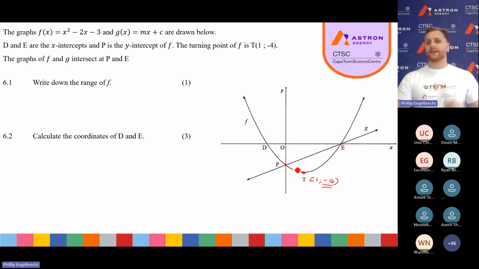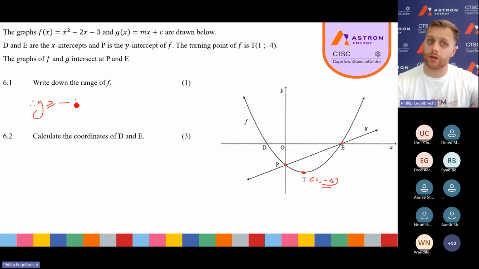Any value that's less than negative 4, you will not be able to get. So if you were to type in any x value, your y value will be negative 4 or greater. So therefore, for your range, y is greater than or equal to negative 4. If you just said greater than negative 4, you would have gotten it wrong. It's greater than or equal to.